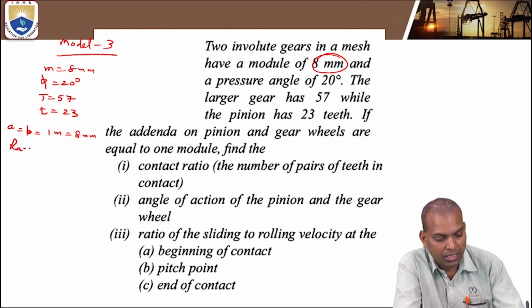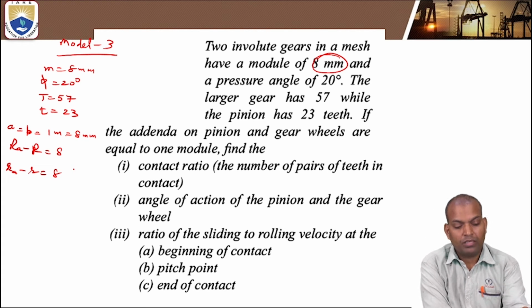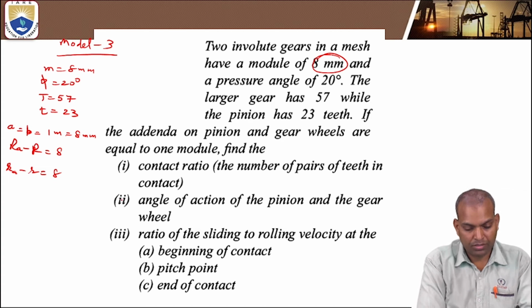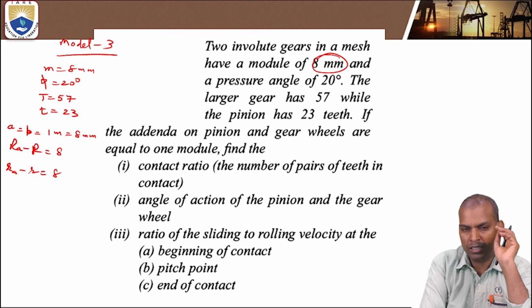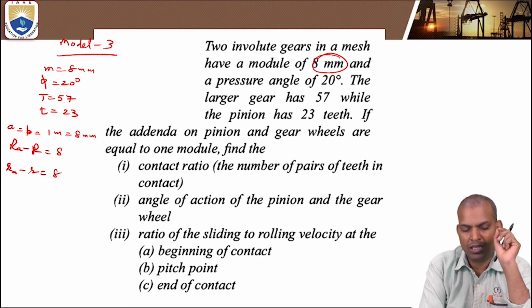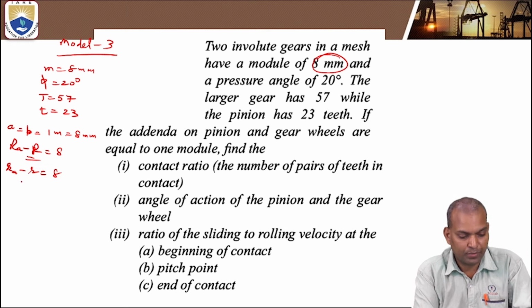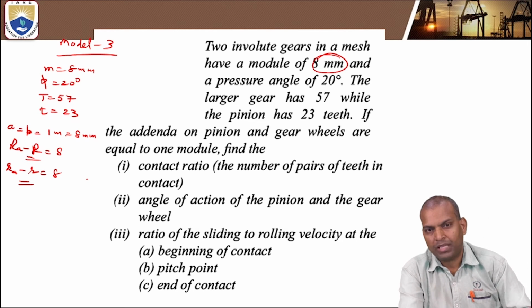What is the addenda? RA minus R equals 8 and small ra minus small r equals 8 millimeters. That is the meaning of addenda: the difference of radial length between the addendum radius and the pitch circle radius, for the pinion small ra minus small r, and for the gear capital RA minus capital R. Now find, there are three main objectives.